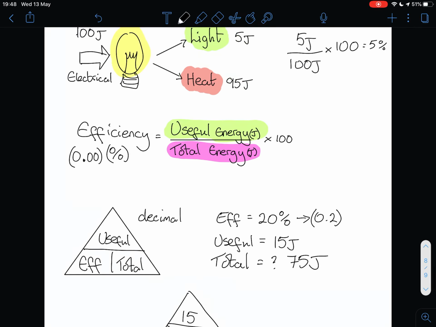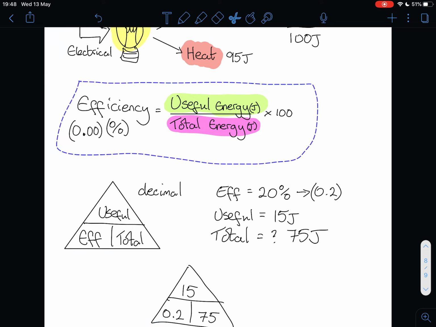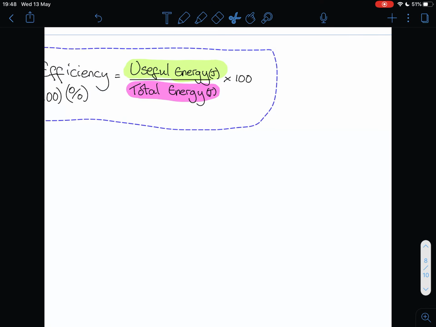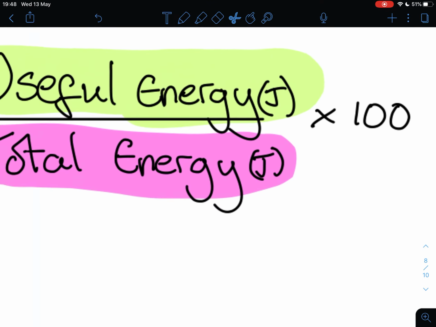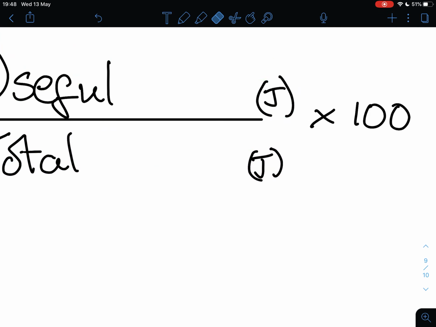So that's the efficiency equation. The only time you might see it different is if I take a copy of this a minute. There's one modification to it, and it's not a biggie. If I paste that there, you might see it in terms of what we learnt last lesson, and that is not energy, but power.